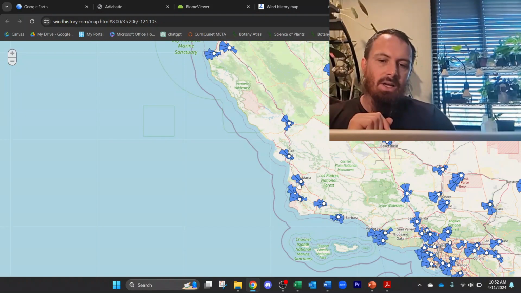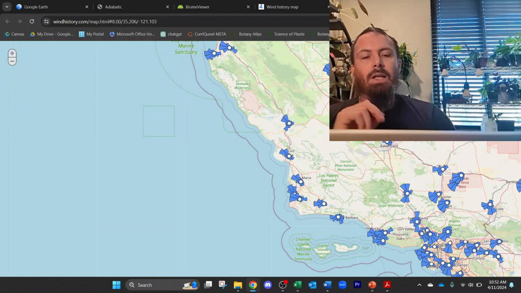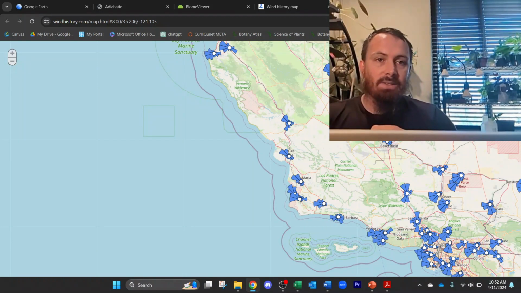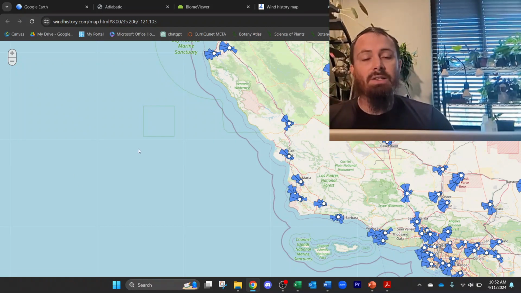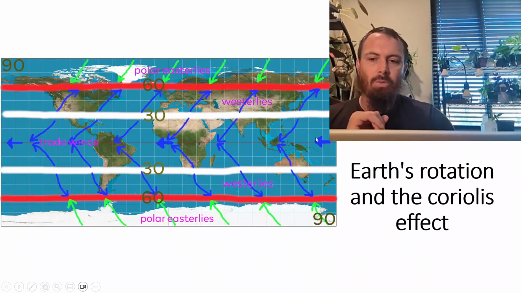So you can see most of these little wind receptors have blocks that are the largest towards the west, meaning the wind is coming from the west. It's heading east, right? Now, if we go back to our little map here, that describes what's happening. It's coming from this direction and blowing across.